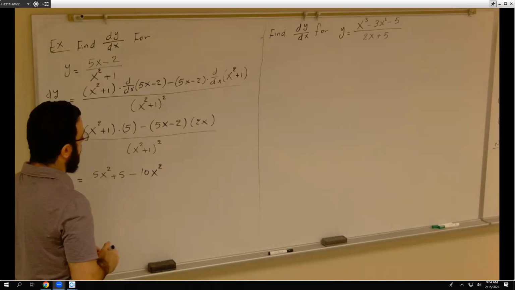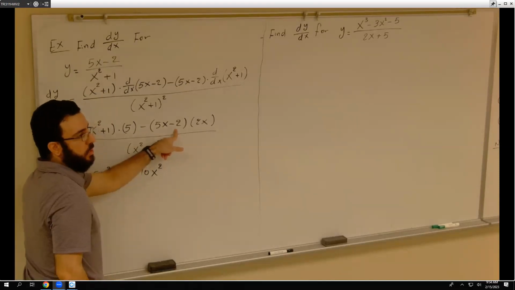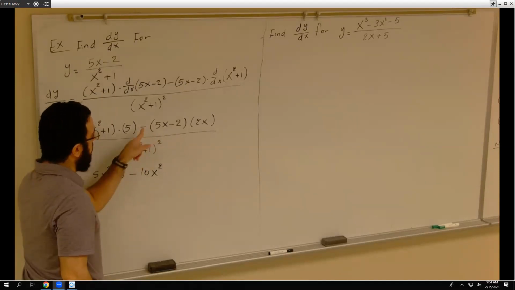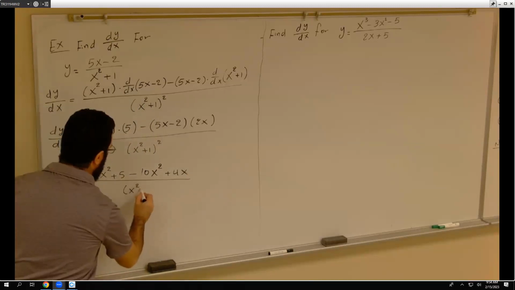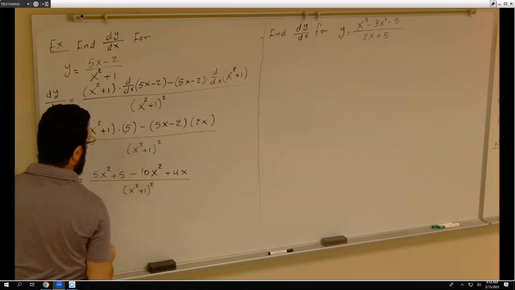Now 2x times -2 is going to be -4x. A negative sign, so it's going to be plus 4x. Everything divided by x squared plus 1 squared.